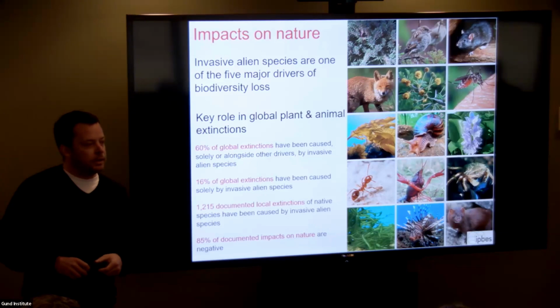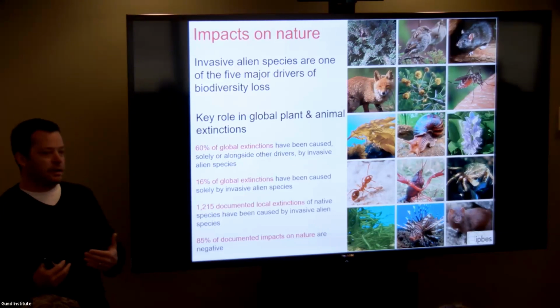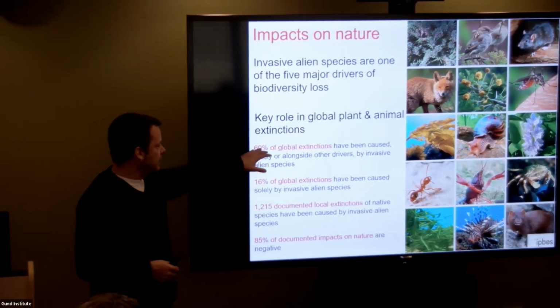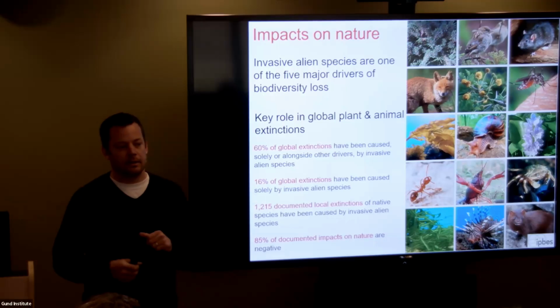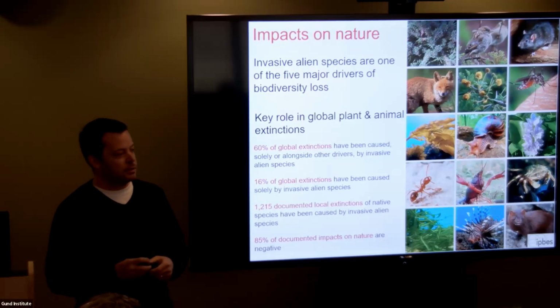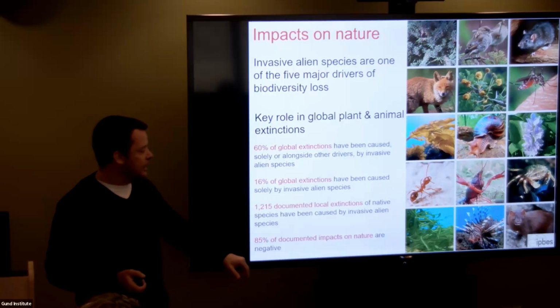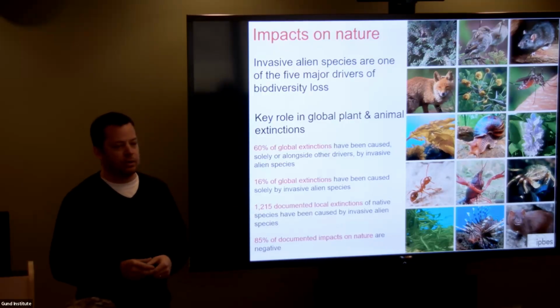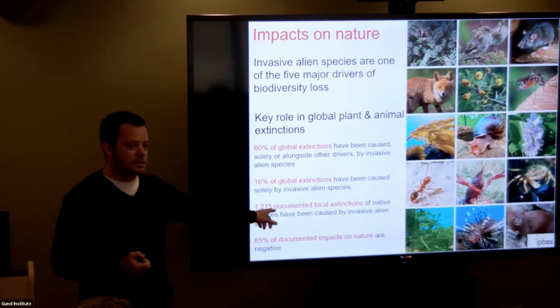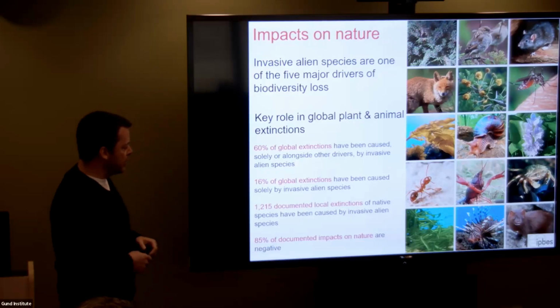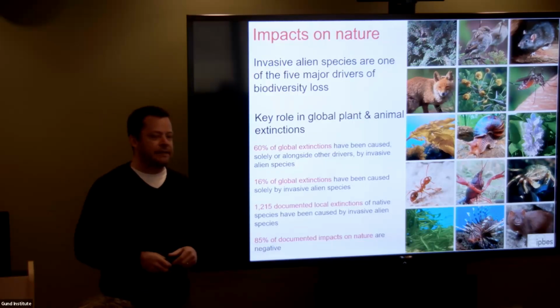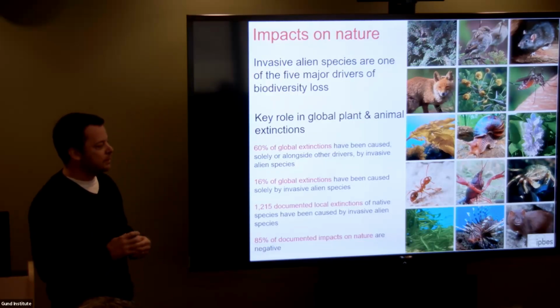They play a key role in the extinction of plants and animals. They are known to play a role in 60% of all the extinctions recorded, and in at least 16% of those, they are the main drivers. There are 1,215 documented cases of local extinctions by non-native species, and 85% of all documented impacts of non-native species are negative.